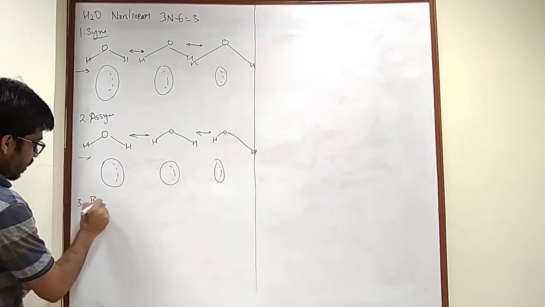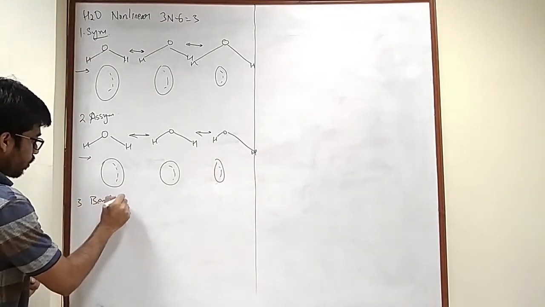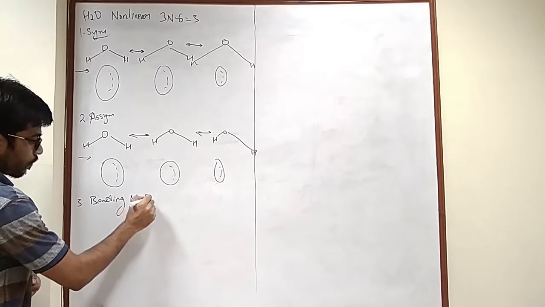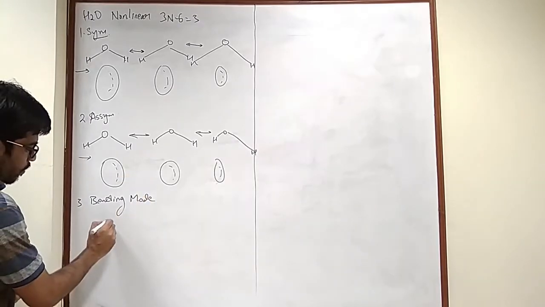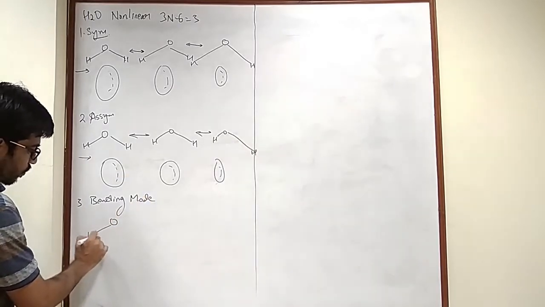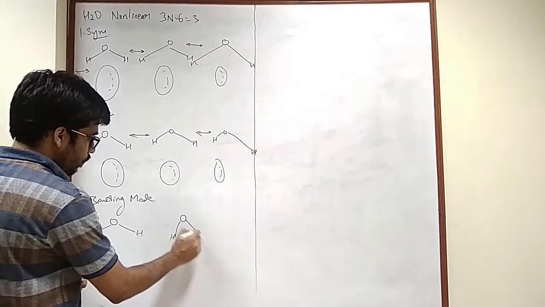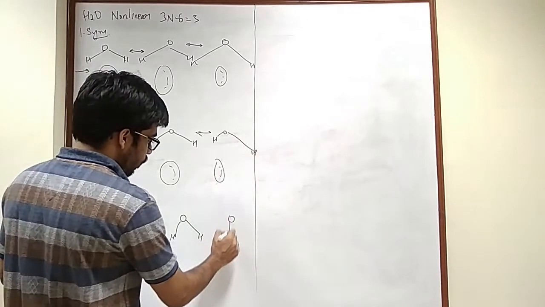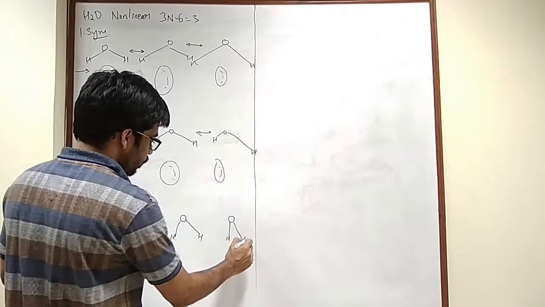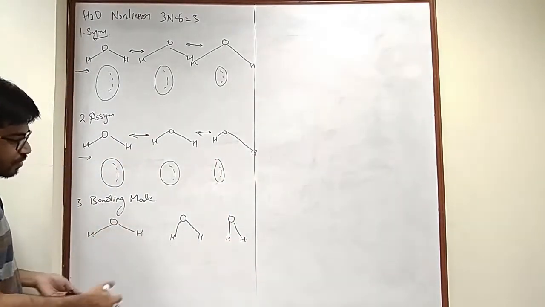Finally, let's take the bending mode. Now in the case of bending mode, let's say we have this, followed by this, and finally this. Now, how do you see this?